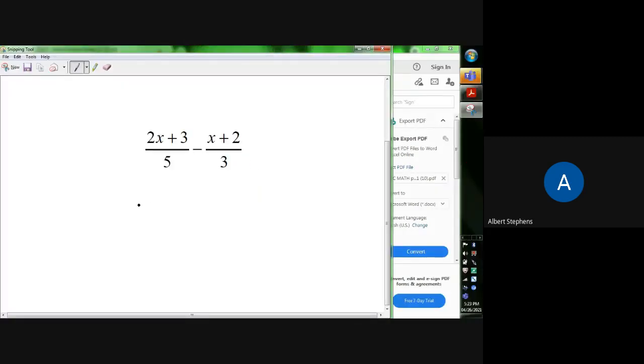All right, so we said that we find the what? The LCM, 15. 5 into 15 goes 3. And 3 times what? 2x plus 3. 3 into 15 goes 5, so it's going to be 5 times x plus 2.